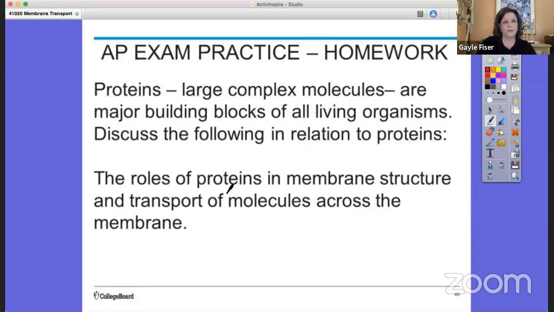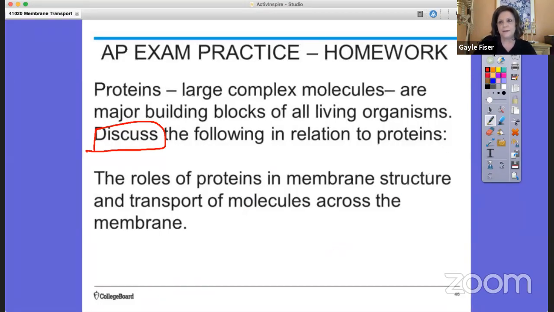So you're going to discuss the roles of the protein in membrane structure and transport of molecules across the membrane. All of this that we've talked about today, that's what you're going to write about, okay? There is a lot of information in the rubric, the scoring guideline, that your answer will fall into. There's many things to say.